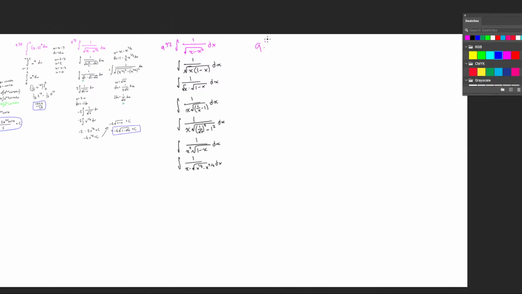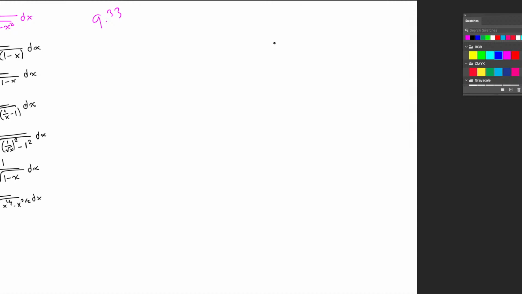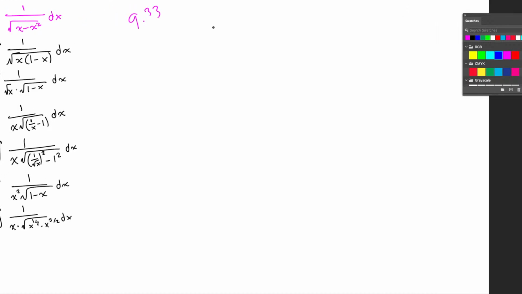Q33. e to the 2 ln x dx. I am sure that you can take the ln x, that these cancel out. Do these cancel out?